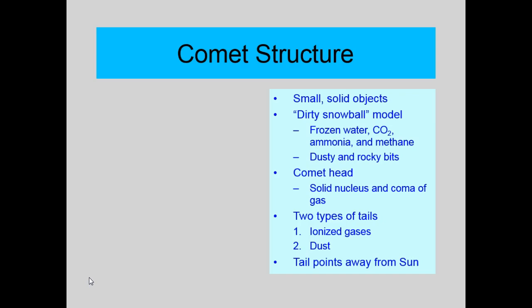So these could be ionized gases, like the gases flying through these fluorescent tubes here, or in stars and stuff. Those are ionized gases. Okay, or they're just dust. And the dust is reflecting light from the sun. It's not creating its own. The ionized gases could be creating their own light like this is. Okay? But now here's a picture of a comet.